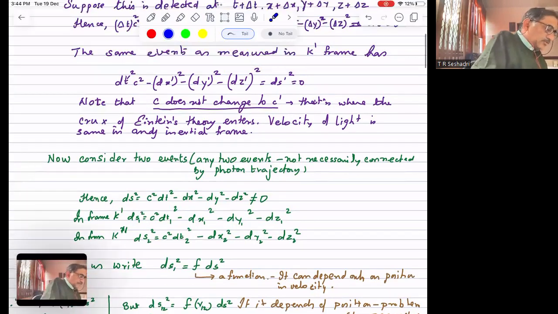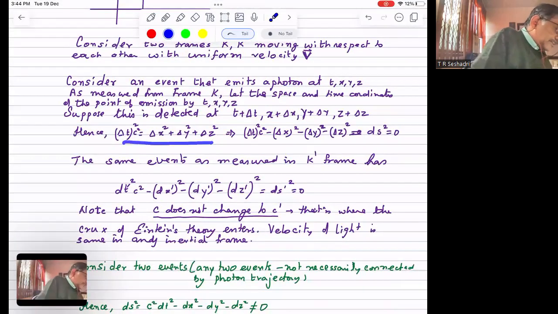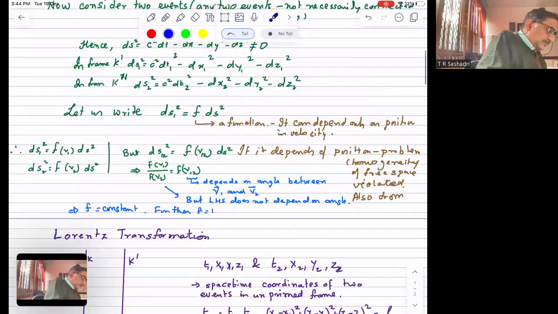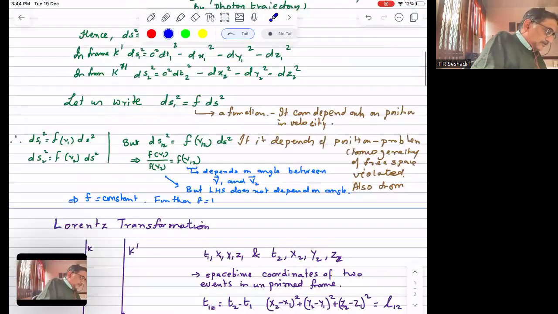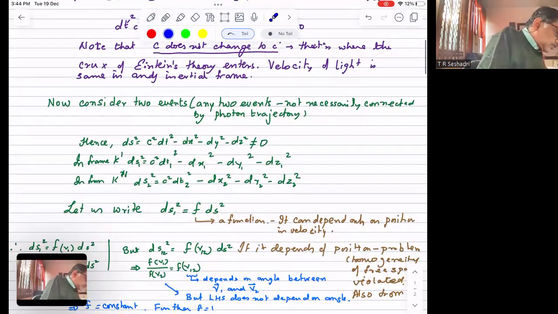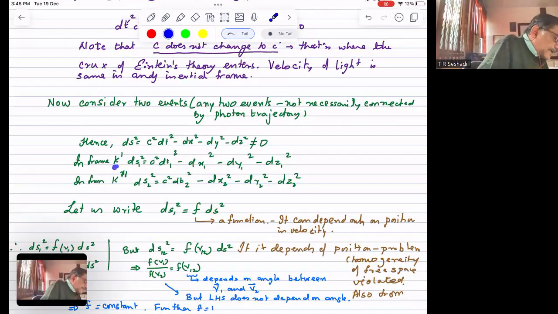See, because I had originally said that since it is a photon, this holds. Since this holds, I take this to the left-hand side and call it ds square, which is 0. But now, since this is not a photon, we are not looking at the photon path. So now the ds square need not be 0. It can be any two events. Now, in a frame K prime, let us look at the same events.